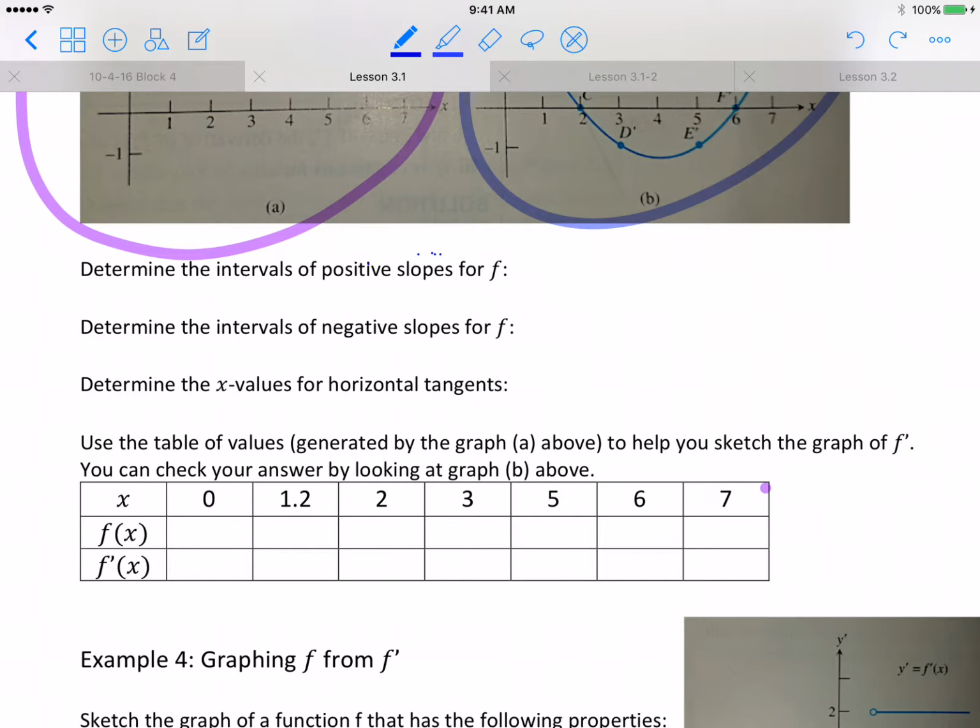What we need is the values for f prime of x, or the slope of the tangent line at those x values. So f prime of 0, for example, this right here would represent f prime of 0. What does that mean? It has to do with the slope of the tangent line at x equals 0.